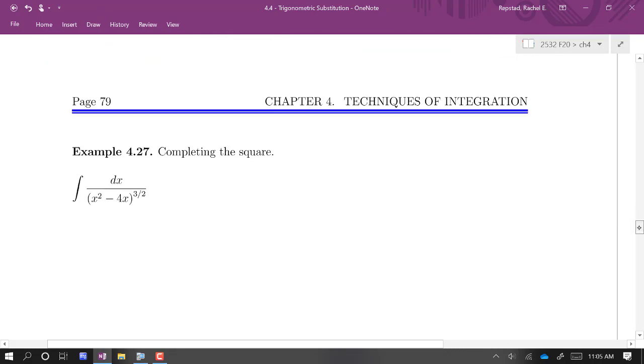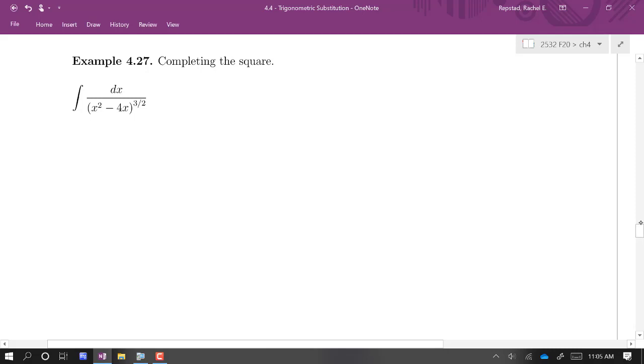Let's try another one. So as the introduction to this problem states, we're going to need to complete the square here. The way I can tell that we need to complete the square is that I have not just an x squared term, but also an x term. So this is not just a difference of squares here.